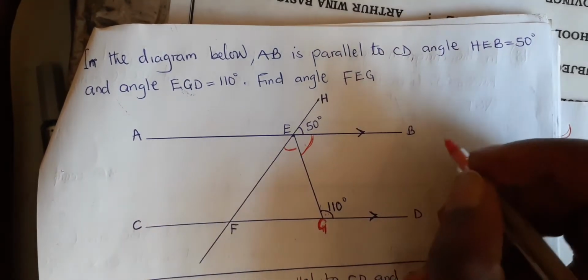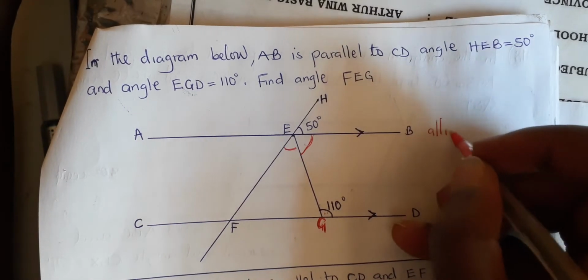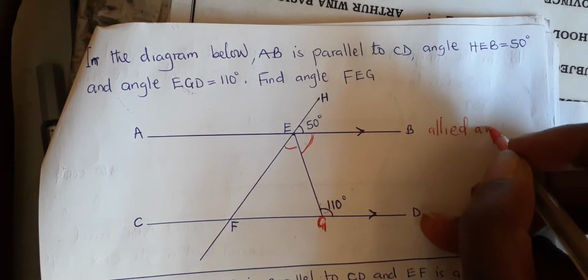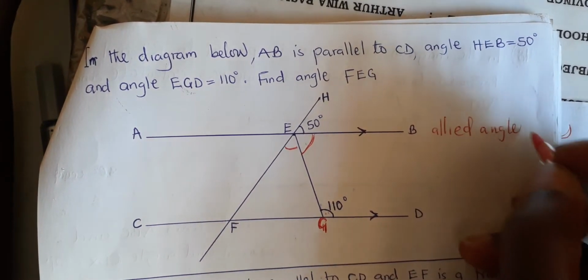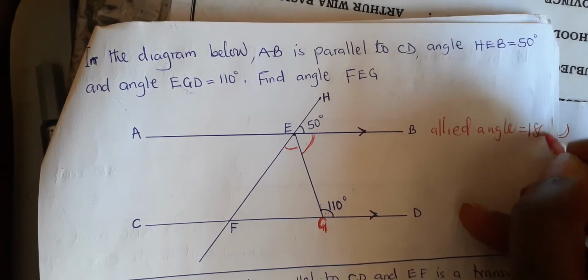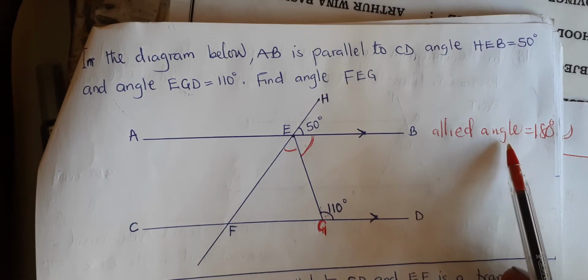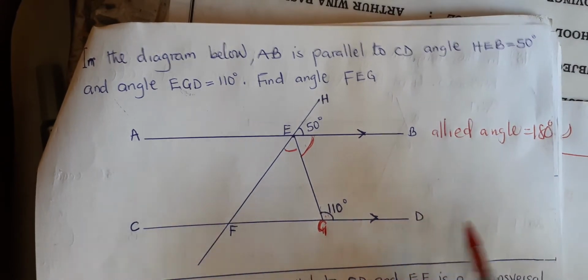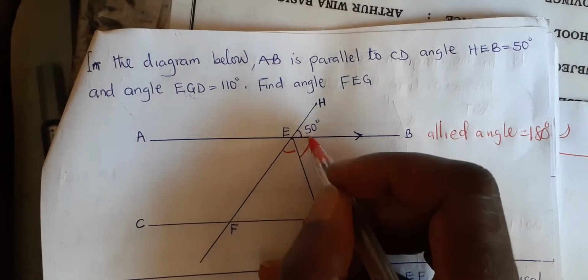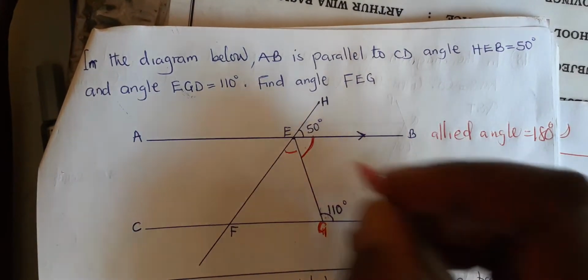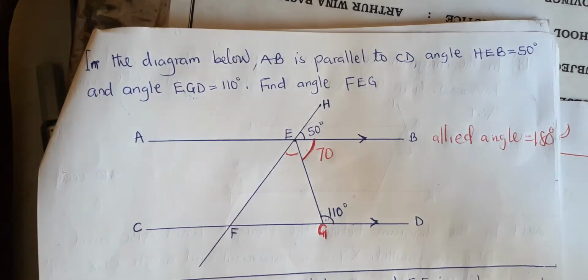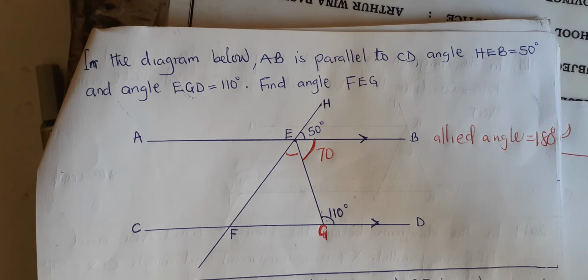These are called allied angles, and these angles are supplementary. They add up to 180. So this angle here is 70. Are we together?